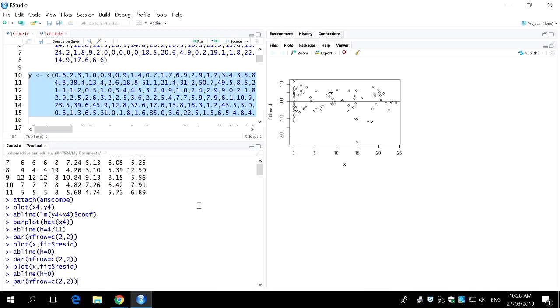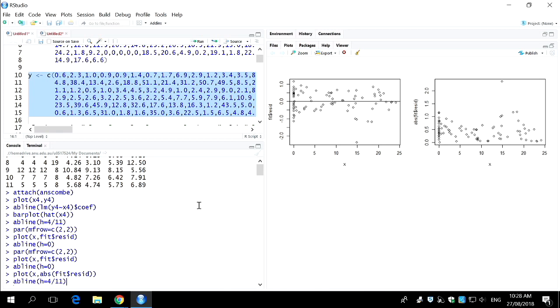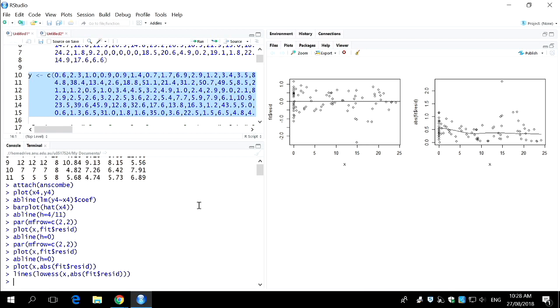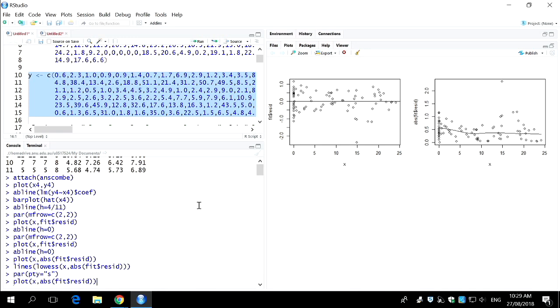Then you do the absolute residual plot. Okay, so where is it? There it is, absolute residual plot, pop on the lowess smoother. Okay, there's my absolute residual plot. Next you'll do the QQ plot, qqnorm. First, par(pty = "s"), then qqnorm.